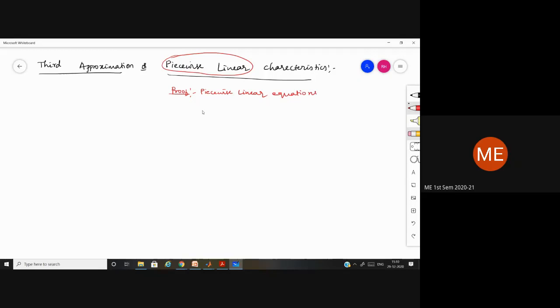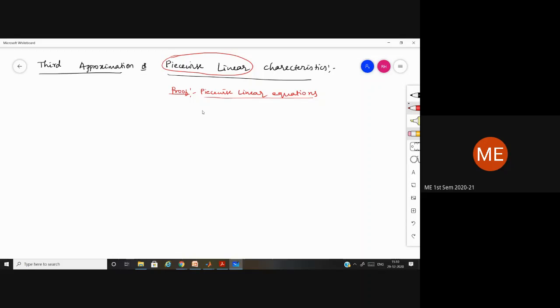These are all mathematical equations. So piecewise linear equations were used to prove the obtained circuit. That's why the name is known as piecewise linear characteristics or piecewise linear approximation model.